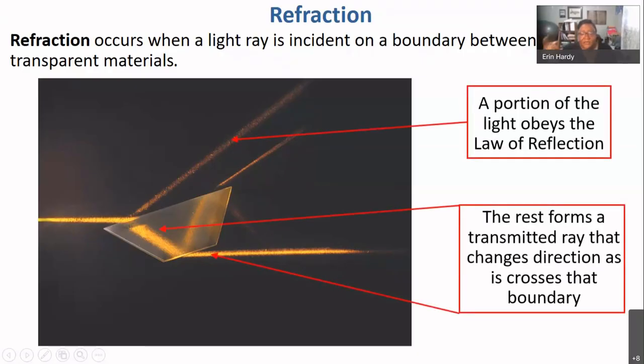So we're seeing the law of reflection happening most prominently in this case here, but it's also happening on the interior of the prism. And then the rest of this light ray that has split up at this first interaction is going to transmit. And we could trace even more. There's another instance of transmission happening here, another instance of reflection happening here.